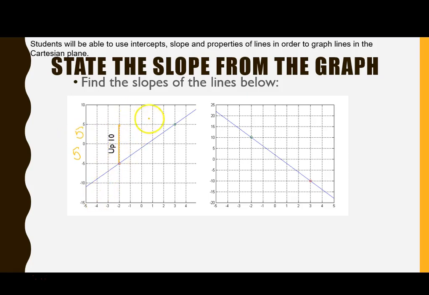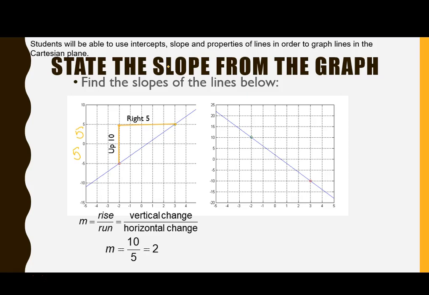And then it ran to the right. It went 5 blocks. Finny, why is that 5? I thought the blocks were counting by 5. Well, just like you guys, sometimes the scales are screwy, and you've got to count by ones on the horizontal. So the ones were horizontal, so we went up 10 and right 5. So our vertical change was 10, our horizontal change was 5, so that gives us a 2.